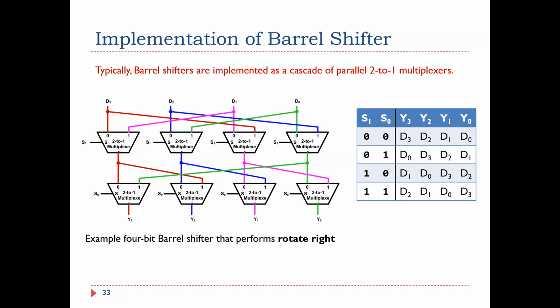So the barrel shifter that we have here only works for 4 bits, and the hardware that you see at this point is only for the rotate right. So let's take a look. Here is the input: D0 to D3 are our 4 inputs, D0, D1, D2, and D3, and Y0 to Y3 is our output.